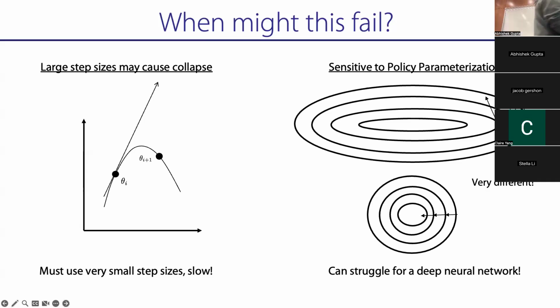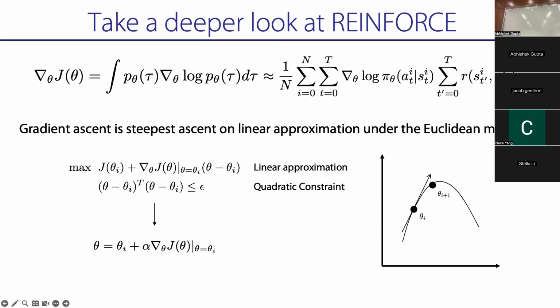Yeah, exactly. So it's really sensitive to the policy parameterization, which means that if some parameters are on a much larger scale than others, they dominate the updates, right? So the reason is the following, right? If you look at the Euclidean metric, let's say for a multi-dimensional vector, it's weighting every dimension equally, right?